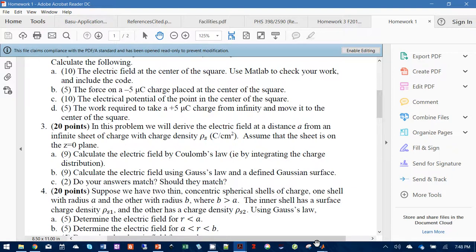The charge is on the z equals 0 plane, right? And so you want to define some kind of surface where the electric field is going to be uniform everywhere. And there's two different surfaces that you could probably pick for that, and both will work fine.